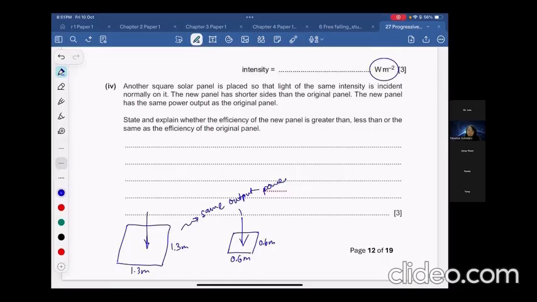Think. Both were providing you the same output. Then the first one is using a greater area, and the second one is using a smaller one. Which one is more efficient? Wesley, correct.